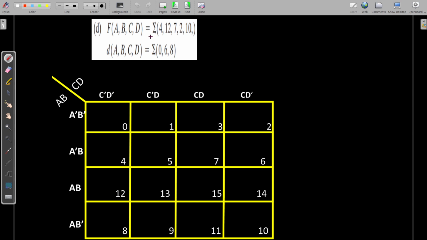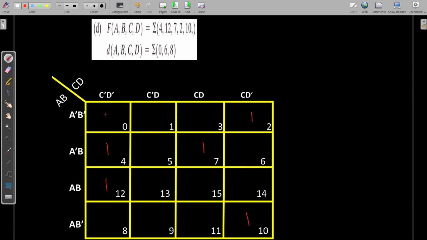So the D problem. In this we have 4, 12, 7, 2, 10, right? And then 0, 6, 8 here. So we mark the minterms first. So it is 4, 12 and then 7, then 2, then 10.